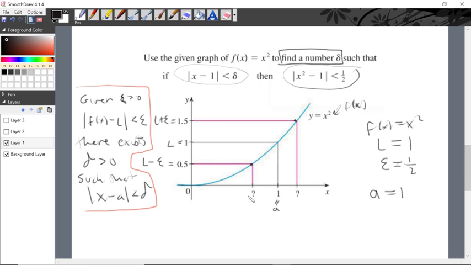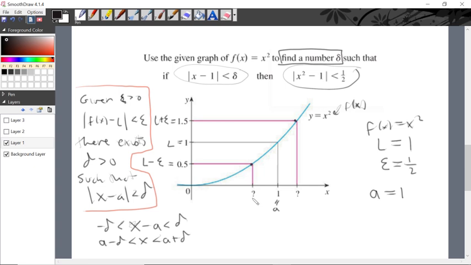What would we call those? Well, if we're on the interval where the absolute value of x minus a is less than delta, that means that x minus a is bounded between negative delta and positive delta, which means that x is bounded between a minus delta and a plus delta. Which is the one to the left? Delta has to be a positive number, so a minus delta has to be less than 1.